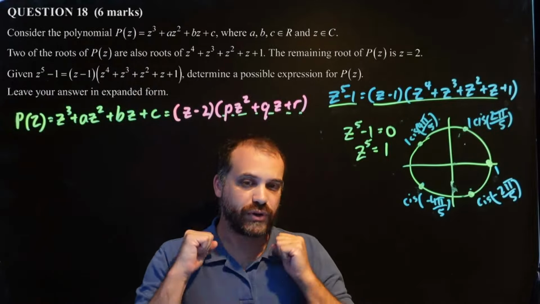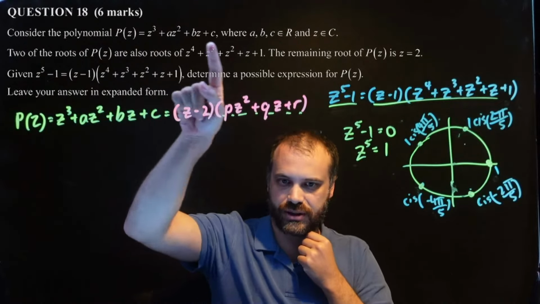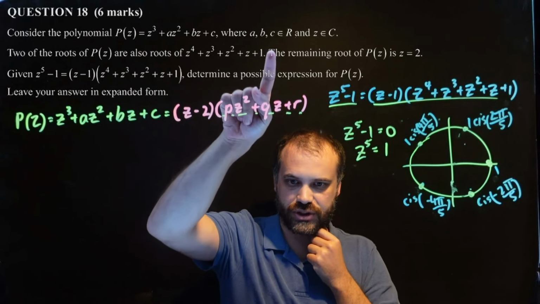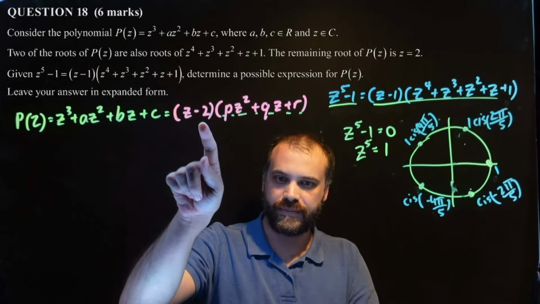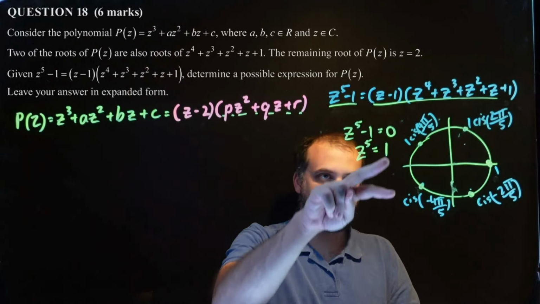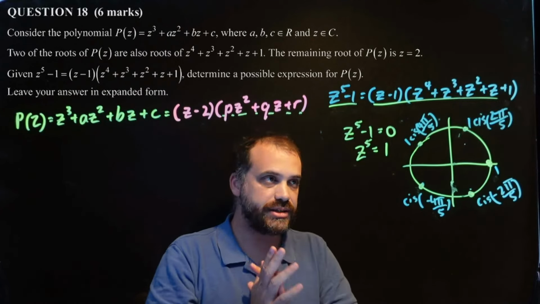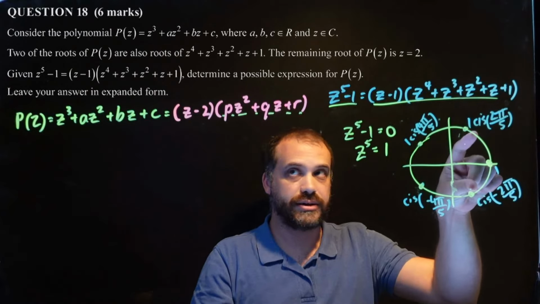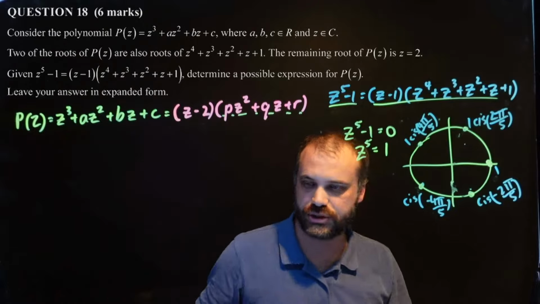Why? Because of the conjugate root theorem. It's a cubic with all real coefficients. So if we've got 1 real root, 2 other roots, those 2 other roots need to be conjugates of each other. So to make things easy, I'm going to take these ones here and I'm going to put them into my equation. What do I mean by put them into my equation?